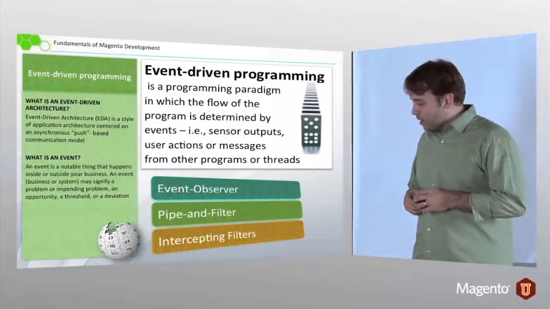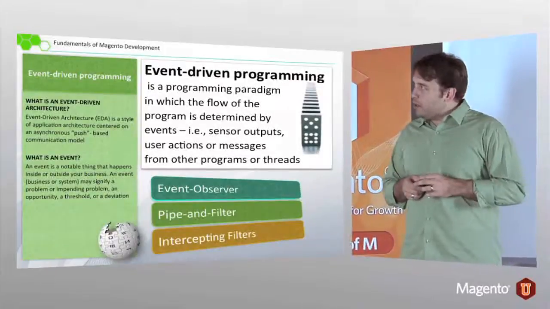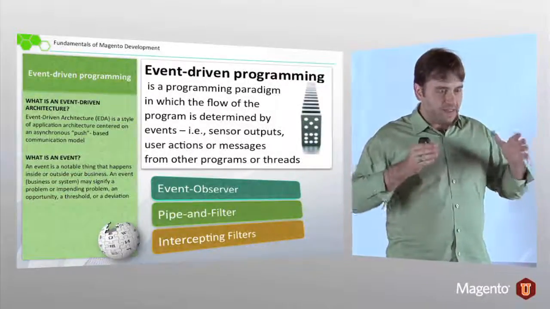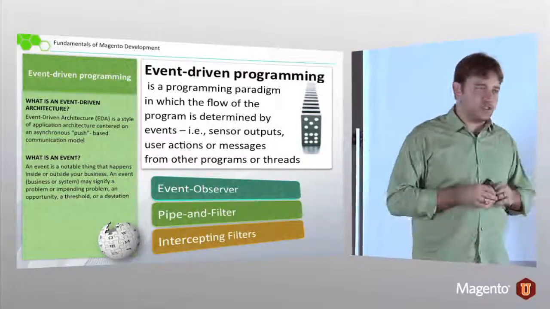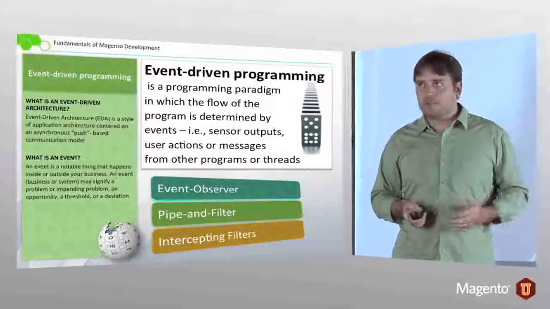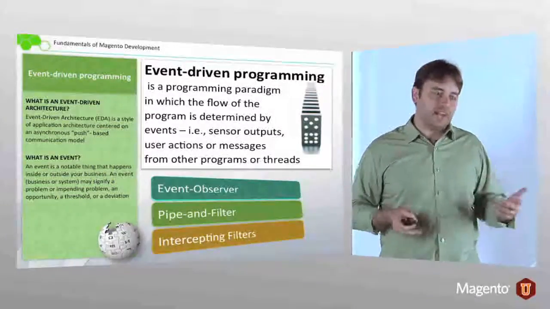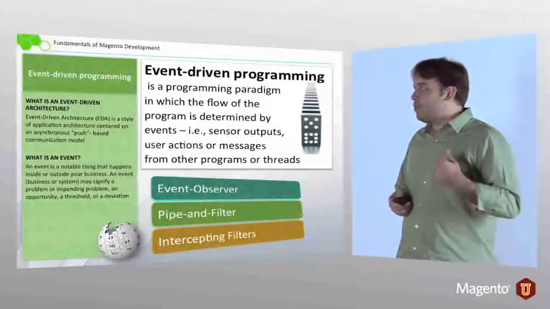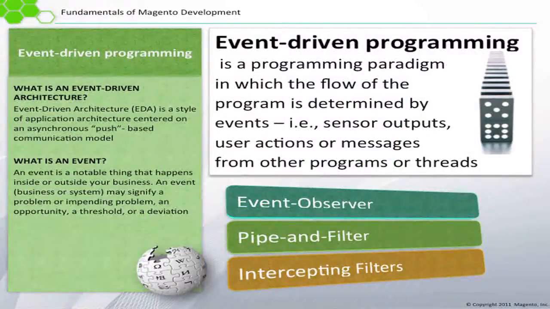With observers, you get access to that point in the code that you really need access to, regardless of anything else that's going on. So that has some strengths and some benefits and some real weaknesses that we'll look at at the end of the lesson.